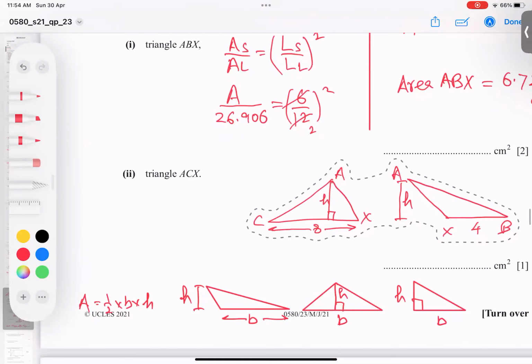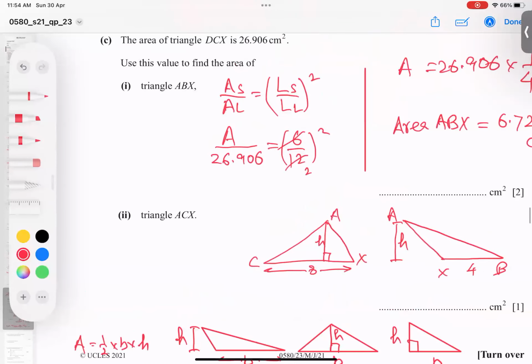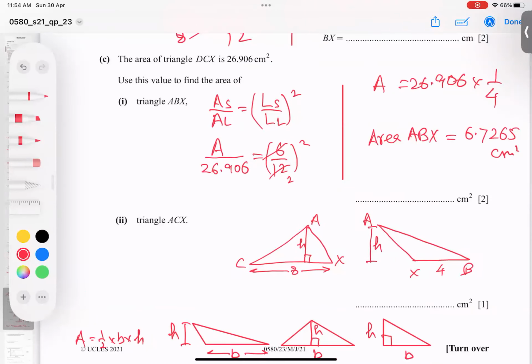So let's start. What is the question? It means this very clear idea. Okay, and the height is the same. The area ABX is given, and this area we need to find.